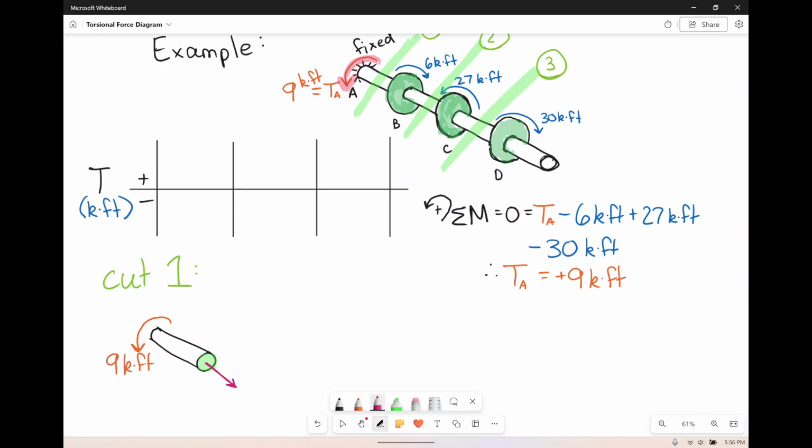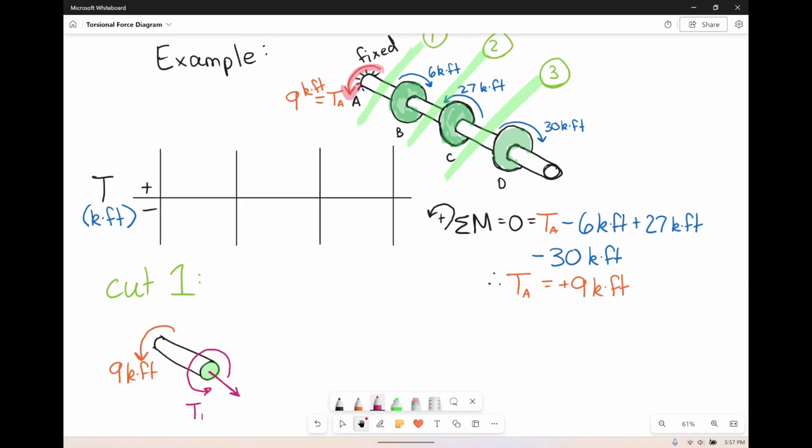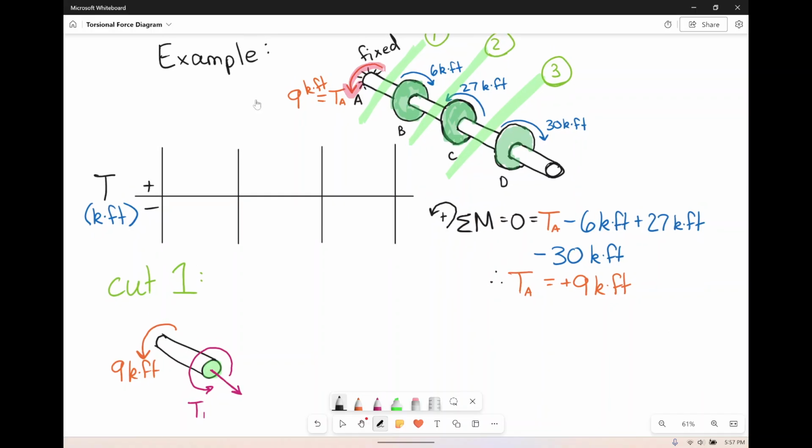So out of the face for the normal, that's where the direction of your thumb goes, and then your fingers curl in the positive direction. So they're going to curl that way around. So this is T1. This is torsion at cut 1. Kind of irrelevant. You don't really need to do that, but in case you want to keep up with your nomenclature, there you go. So that's what it looks like. Again, we're just going to sum the moments.